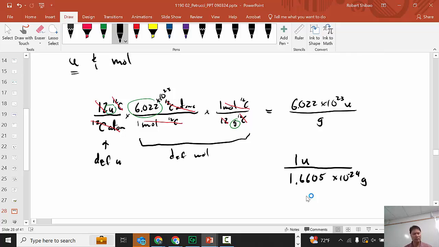Did I get that right? Yeah. This is the conversion factor in our book. 1 U is equivalent to 1.66 times 10 to the minus 24 grams.